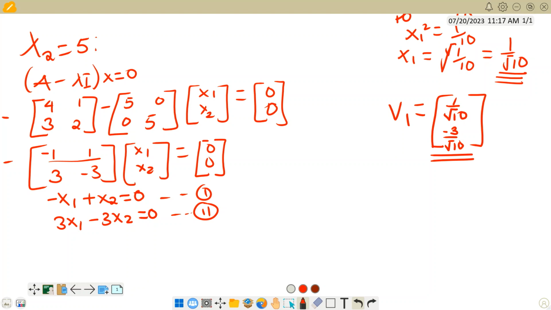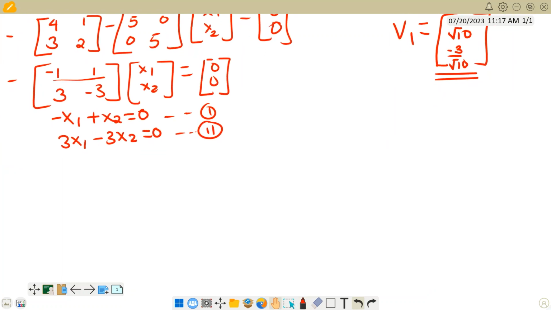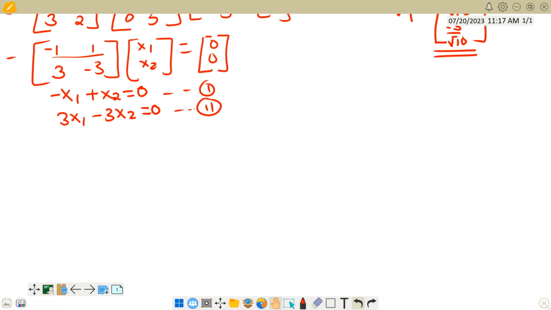From equation 1, we can make either x1 or x2 the subject of the formula. Let's use equation 1, which is minus x1 plus x2 is equal to 0. We know that x1 is just going to equal x2.